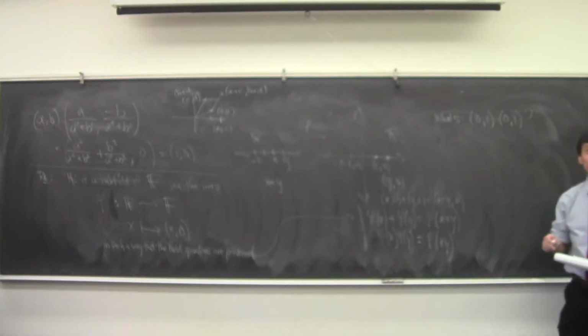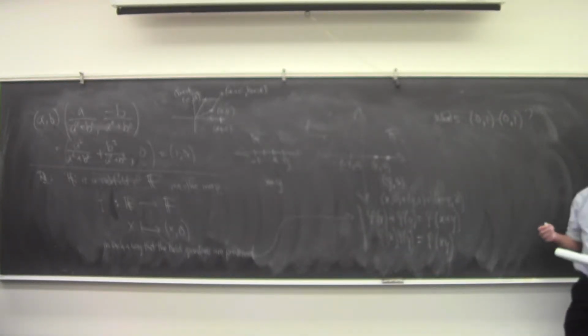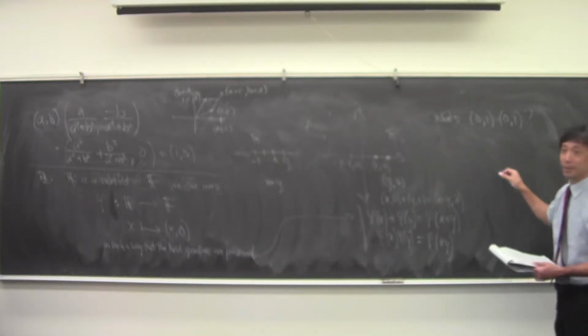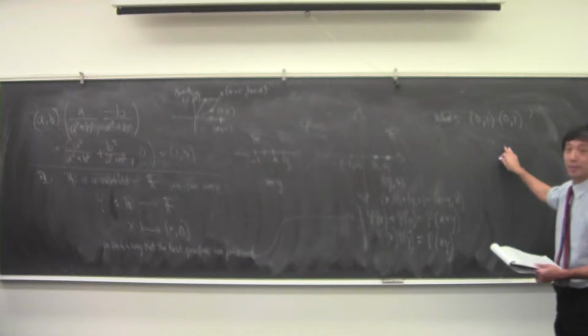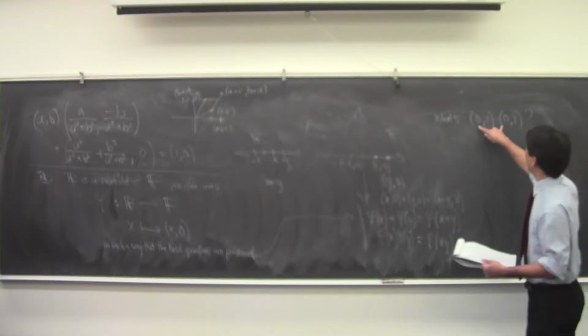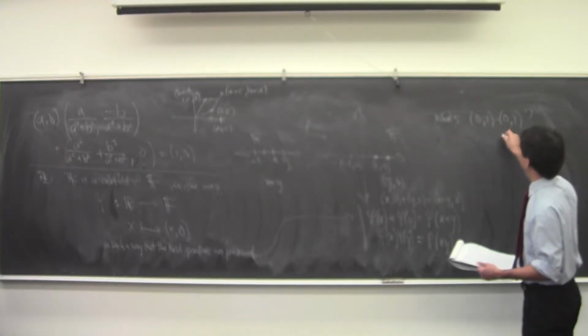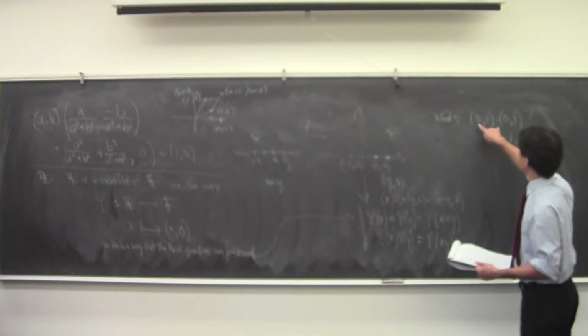What happens when you multiply 0, 1 times 0, 1? You get AC minus BD, that's negative 1. And you get AD plus BC, which is 0.